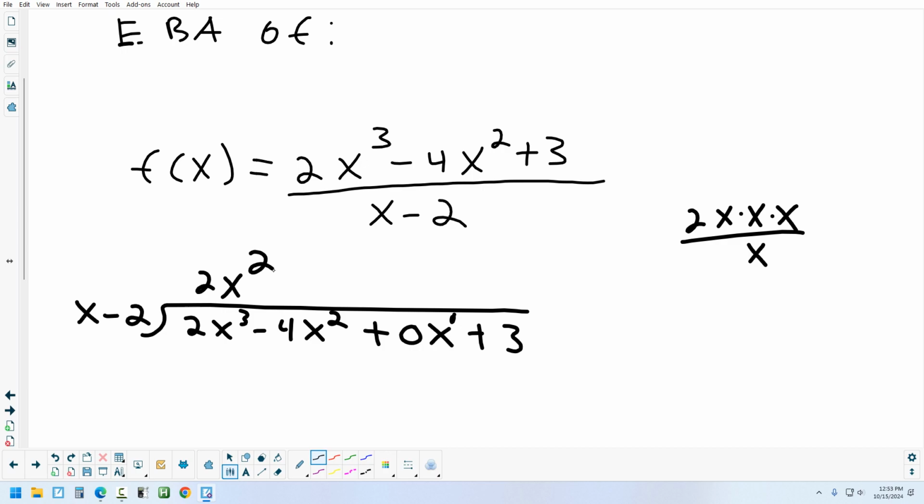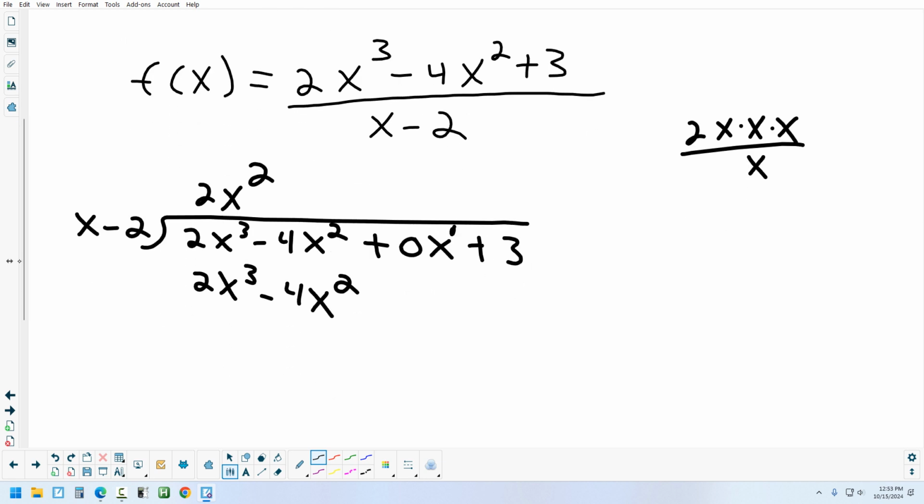And now we take that 2x squared and we're going to multiply it back out. What's 2x squared times x? 2x cubed. Minus 4x squared, because that's 2x squared times negative 2, which is minus 4x squared. Okay, so we multiply back out, and now we have some columns.